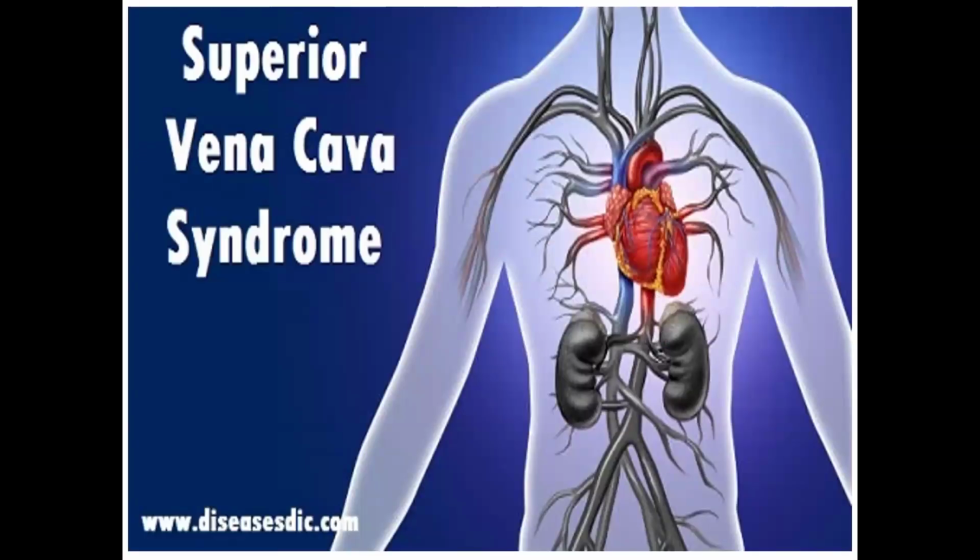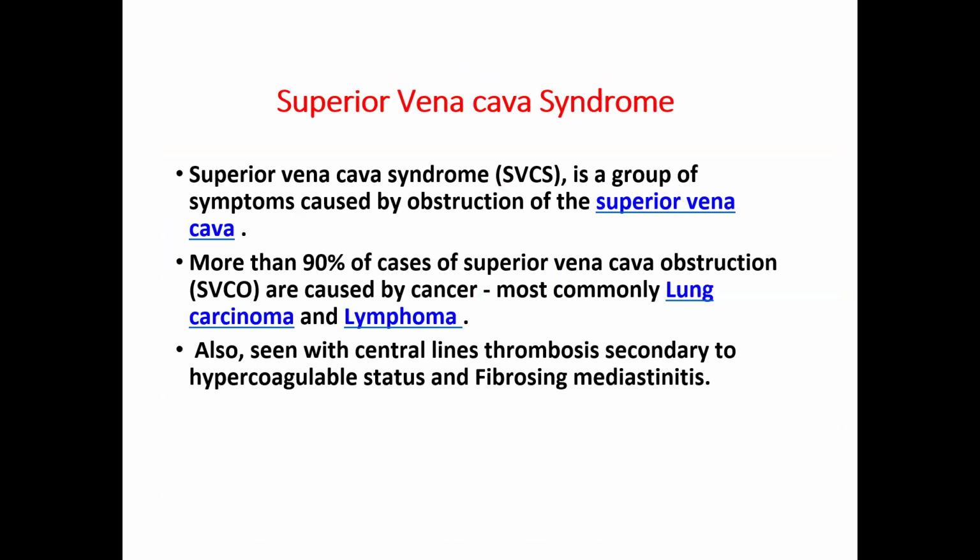Superior vena cava syndrome is another common problem that we see in the palliative setting, and it's related to obstruction of the superior vena cava, and usually happens secondary to lung cancer or lymphoma. Non-cancer cases are rare, but it can happen. I've seen one of them, or actually, I've seen both of these.